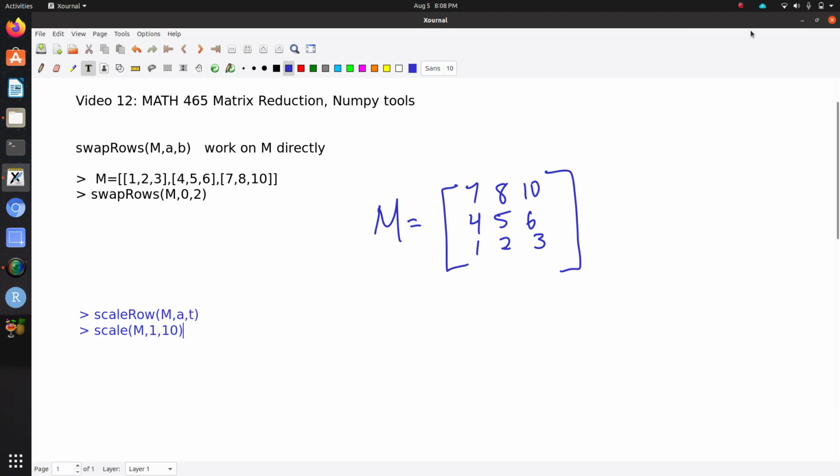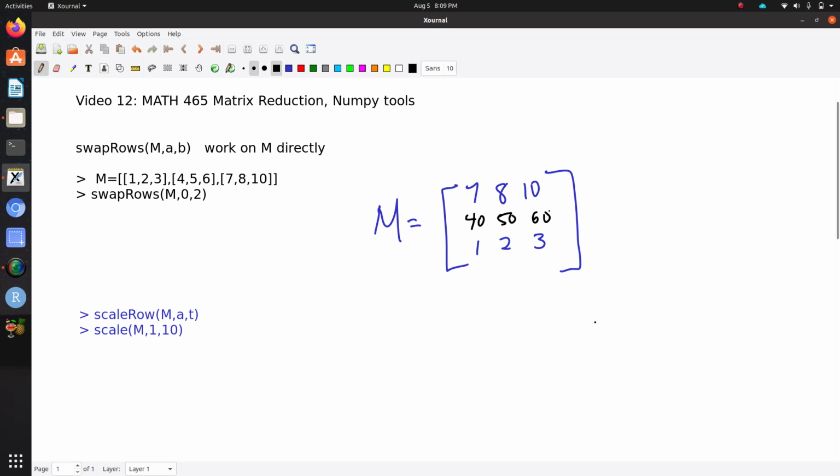Okay, so if I scale row 1, which is the second row, right, because we're counting in Python, by a factor of 10, what I'm going to get is this is going to turn into 40, 50, 60 right here. Okay, and that's going to update that row.